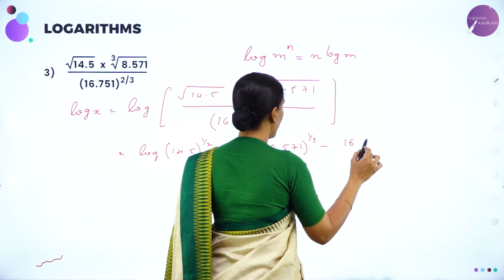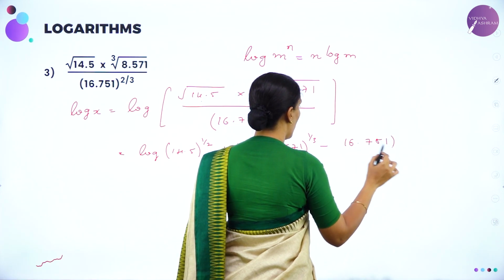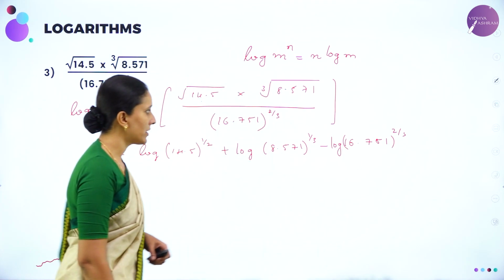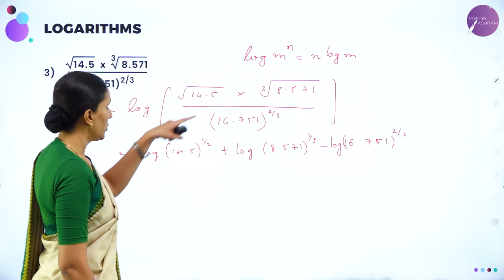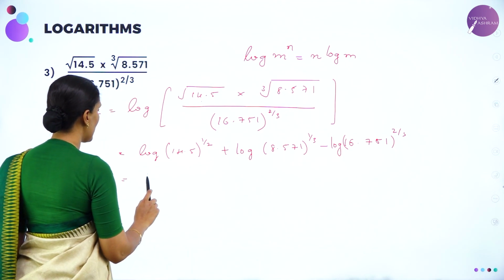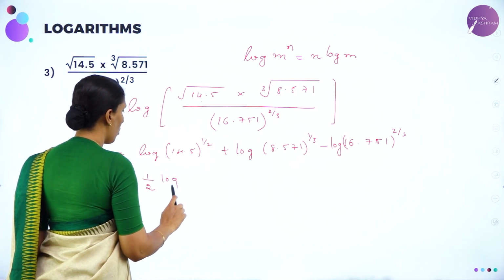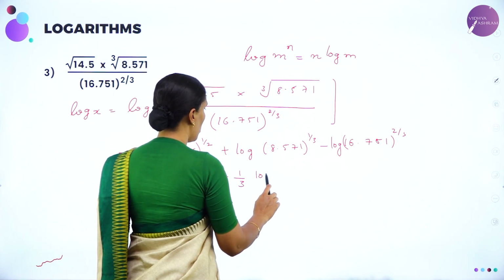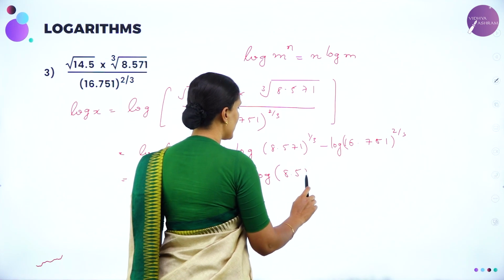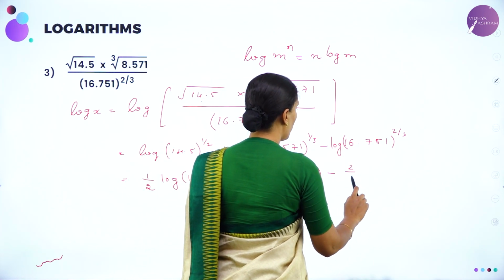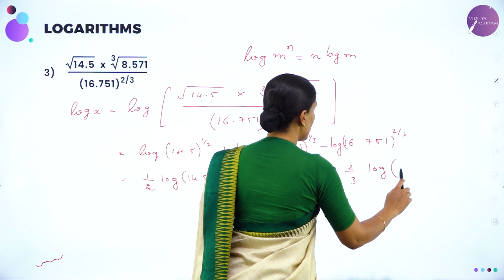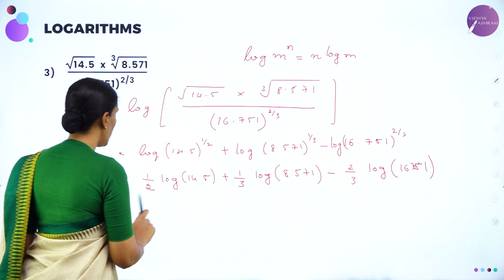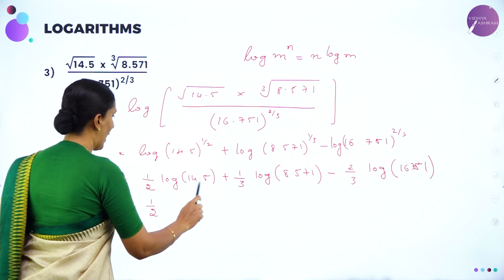So, log 16.751 whole to the power 2 by 3. Using this property, I can write this as half log 14.5 plus 1 by 3 log 8.571 minus 2 by 3 log 16.751. Now, using the log table, we will find the values of this.